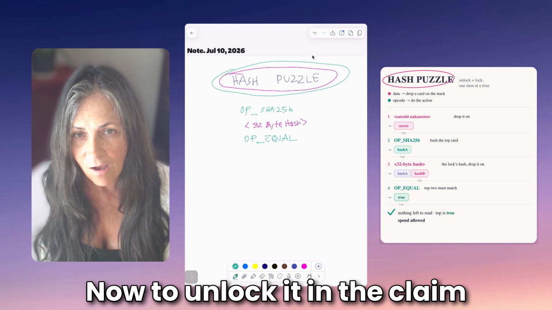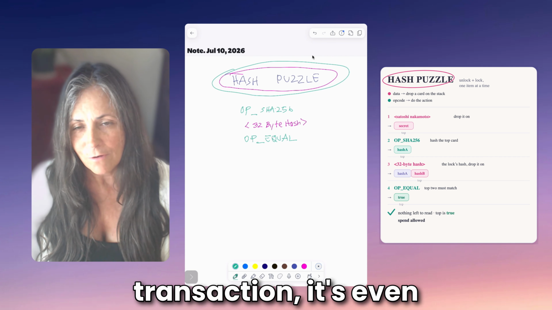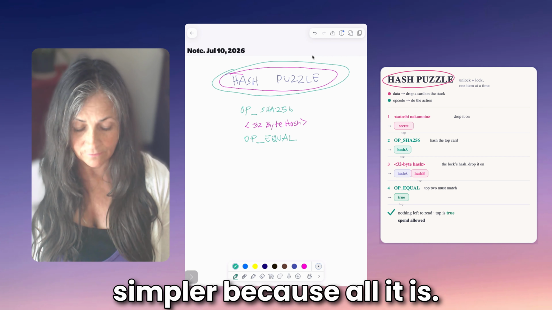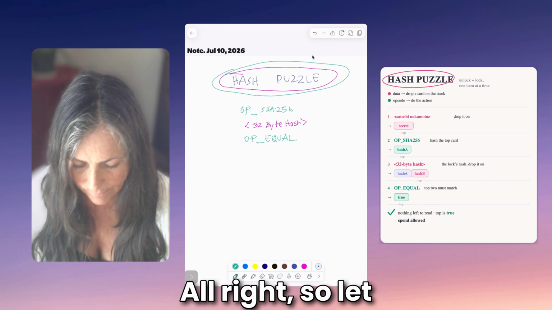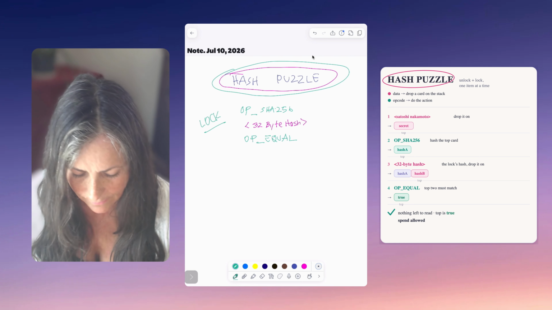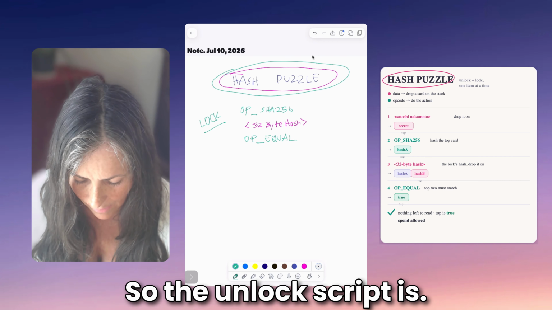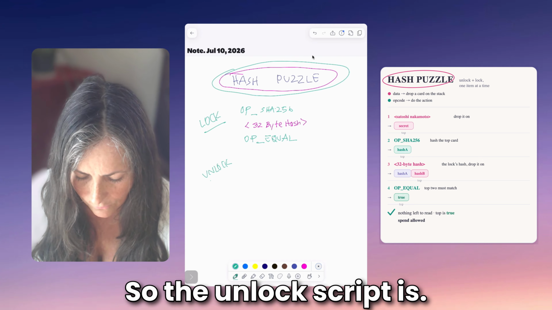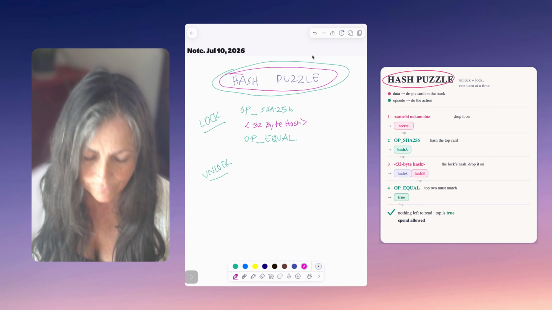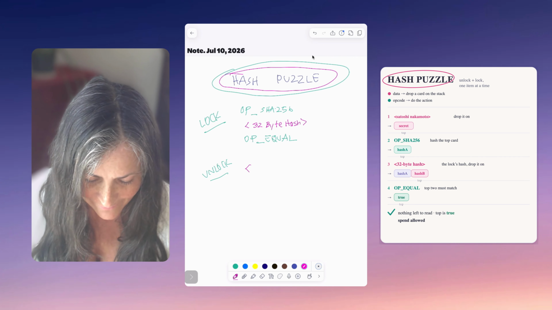Now to unlock it in the claim transaction, it's even simpler because all it is, all right, so let me write up here, this is the lock script. So the unlock script is data. And what is that data?